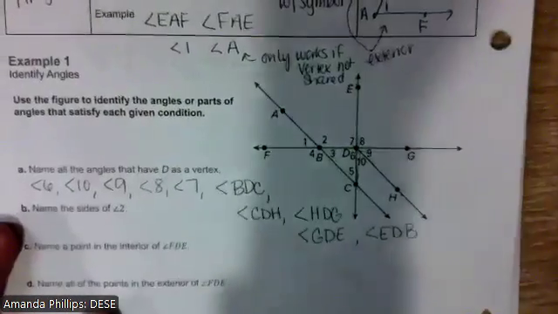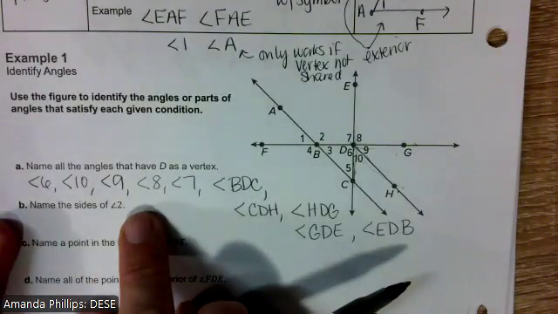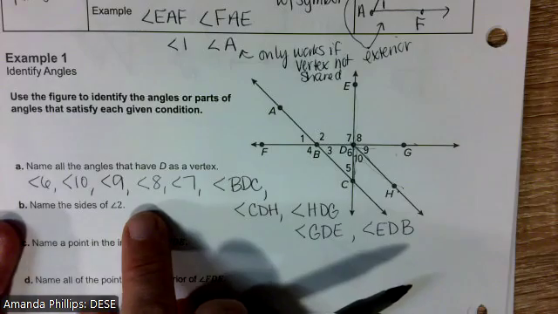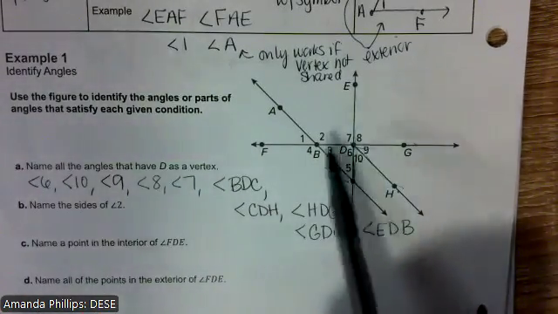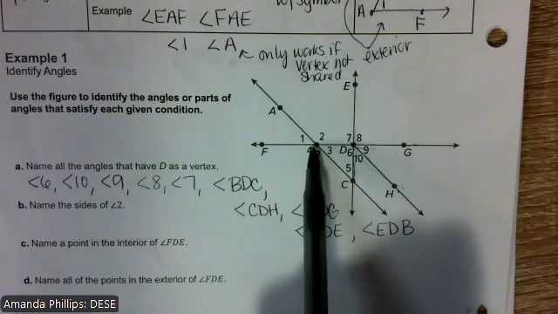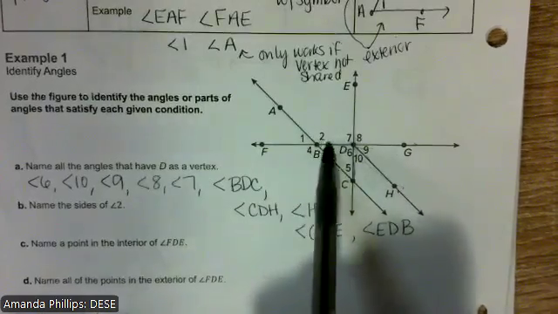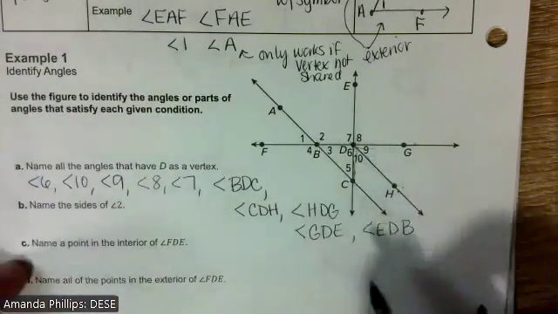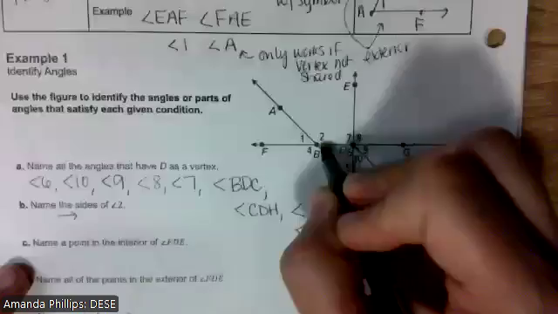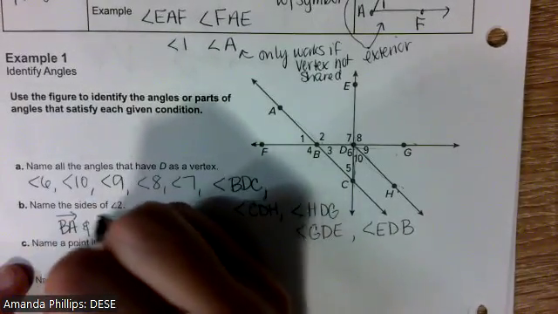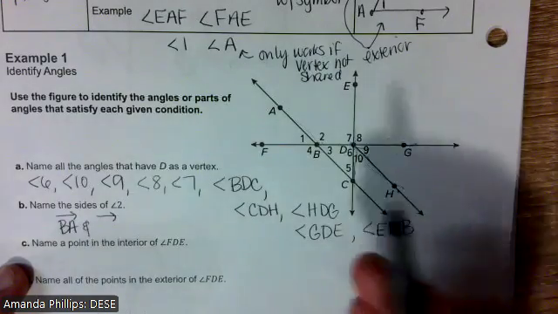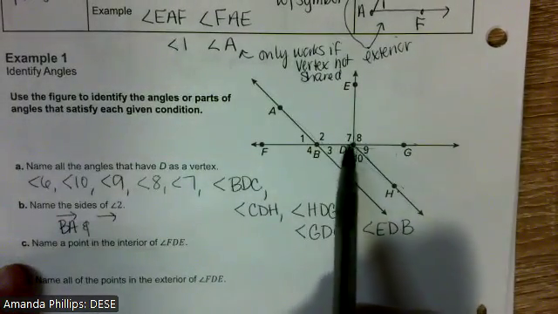Okay, so name the sides of angle 2. Now remember, angles are made up of two rays that are joined together. So when we look at angle 2, the sides, we have this ray here and we have this ray here. So I'm going to say it is ray BA and ray BD.